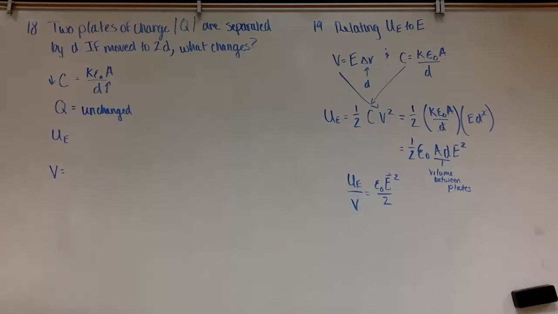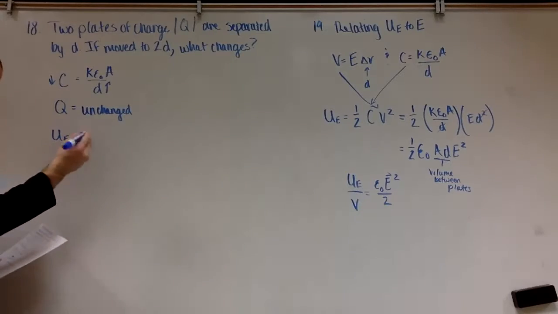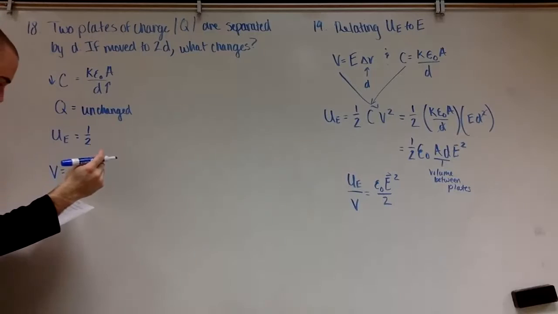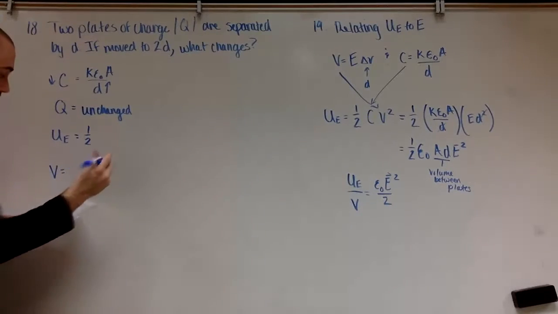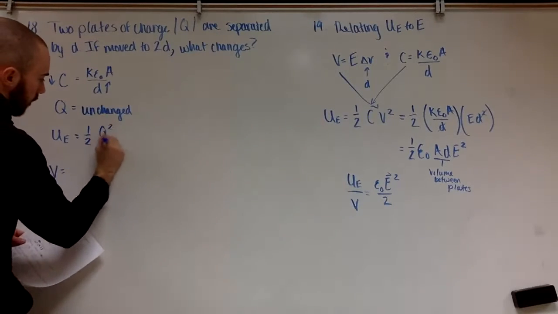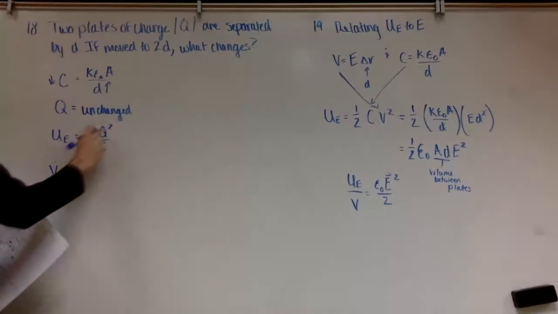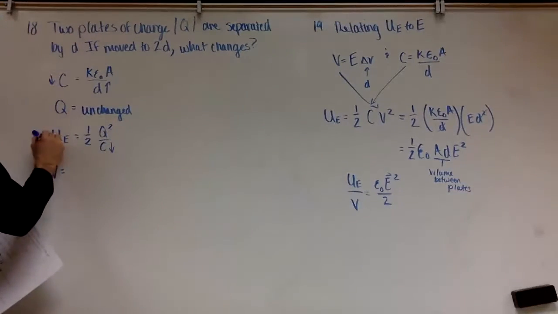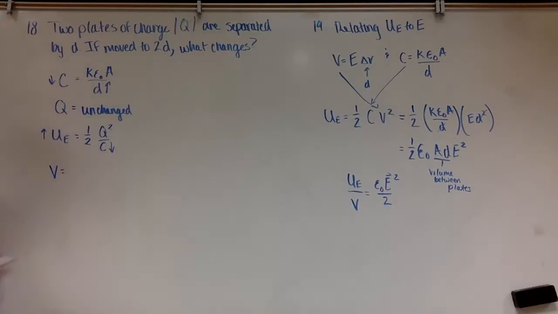Based on that, we know that electric potential energy, 1/2 Q squared over C. So if Q squared doesn't change and C goes down, that means my electric potential energy has to go up. I have a smaller thing in the denominator, which makes my result a lot bigger.